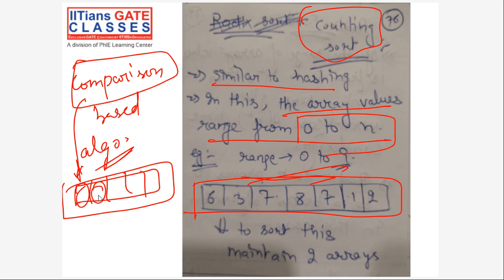Let's say I have this as the input. Given this, how do you think I should sort this? Tell me, any idea? What should be the natural way?